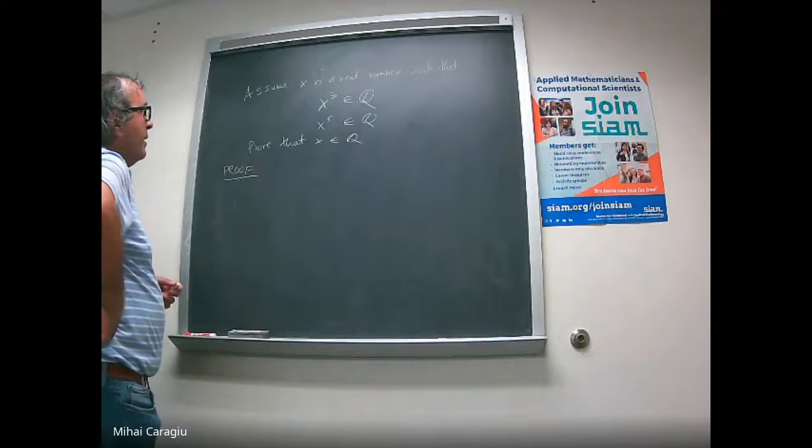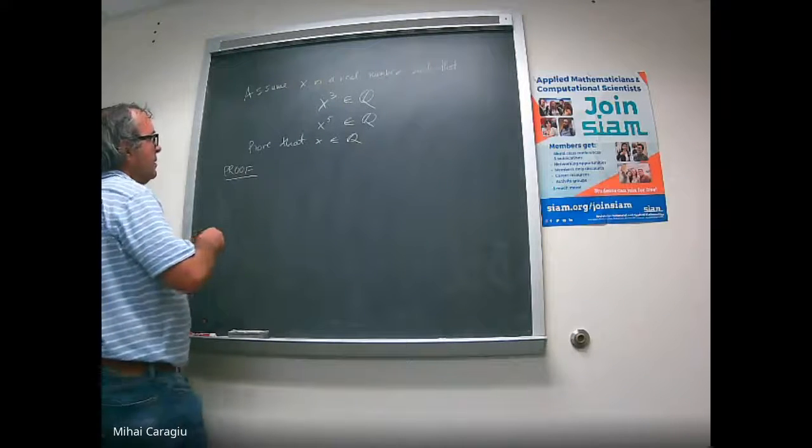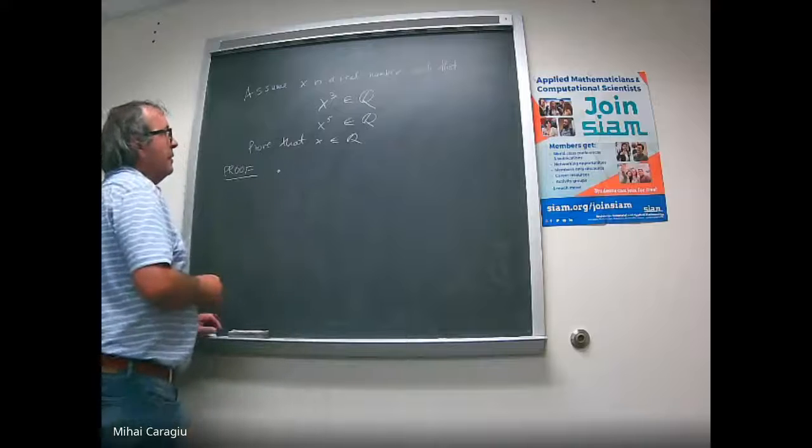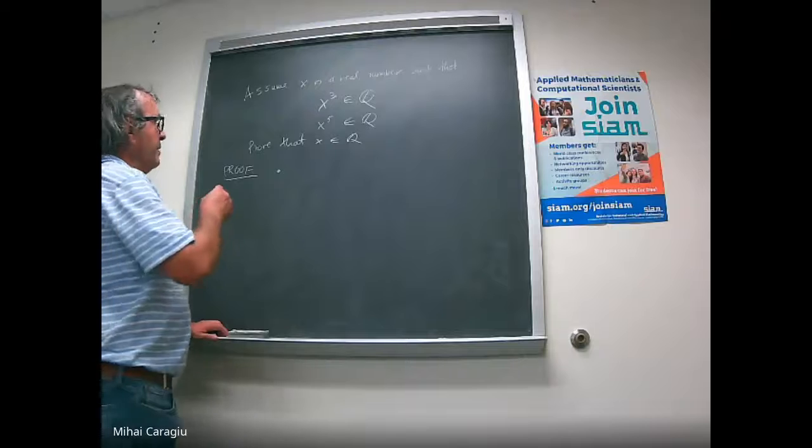So it's important, before beginning the proof, to discuss two small useful lemmas. So, the product of two rational numbers is rational.